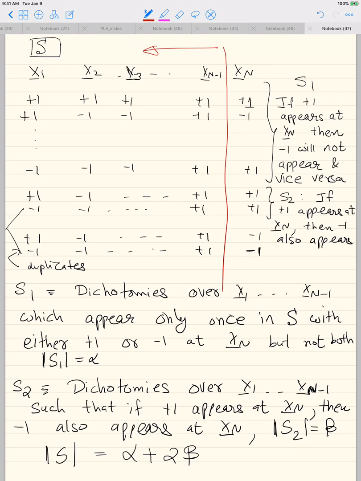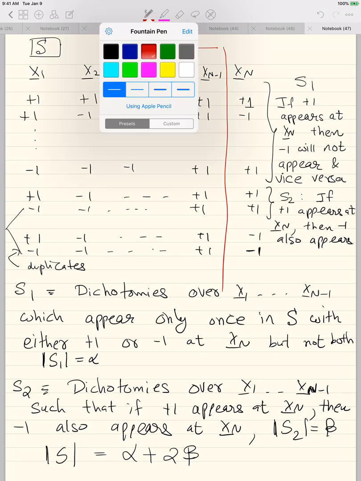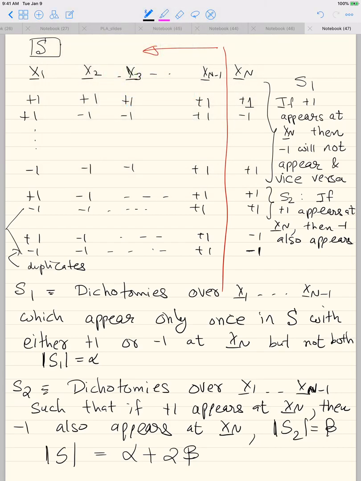But when we are looking at the prefixes, are the prefixes for S1, S2 the same? The prefixes for S1 and S2, what do you mean by that? So S1 is a collection of vectors of length n minus 1. S2 is a collection of vectors of length n minus 1. And the vectors here are prefixes of the vectors in the set S. So just to clarify the terminology.